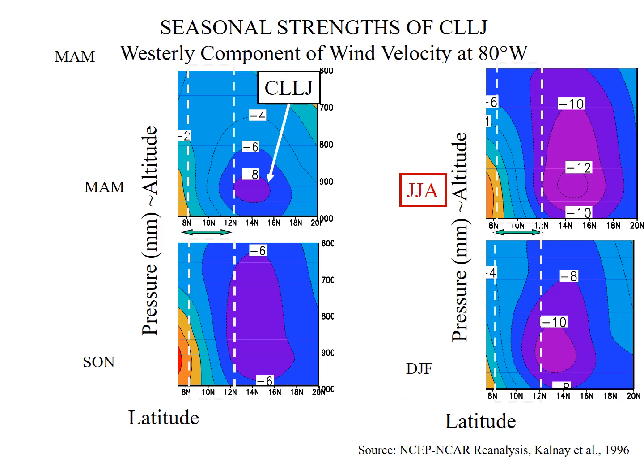Along the horizontal axis of each diagram, we've got a measure of latitude. So we're going from 8 degrees north, 10, 12, 14, 16, up to 20 on the right hand side. So the location of Costa Rica, between about 8 degrees and 12 degrees, is shown by the vertical dashed lines. And on the vertical axis, I've got a measure of atmospheric pressure in millibars.